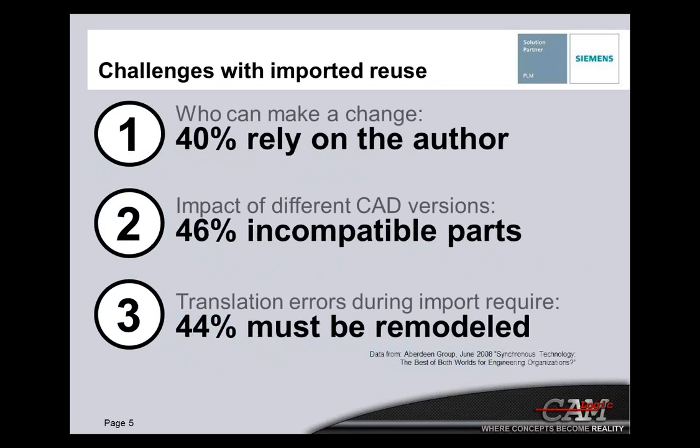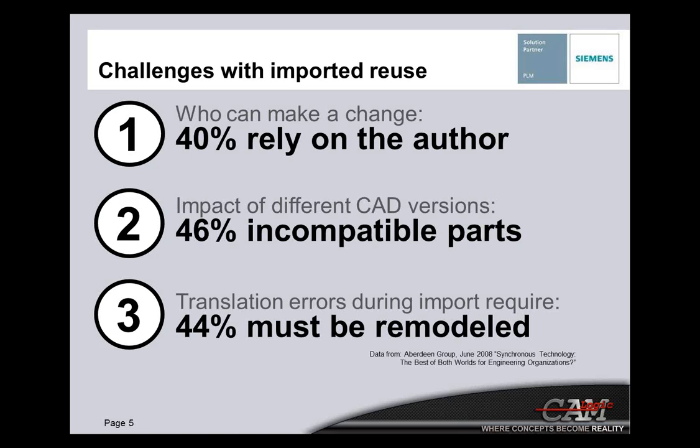Successfully reusing data can come with its own set of challenges. A notable industry consultant, Aberdeen Group, took a survey of companies like yours and found some interesting statistics that tie technical limitations to business challenges.